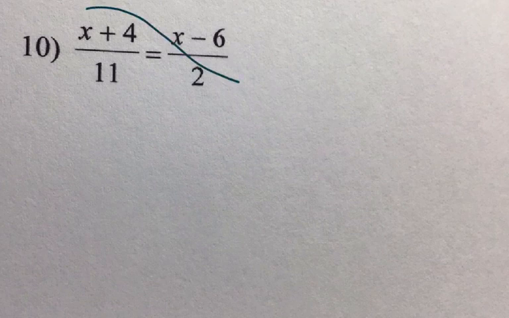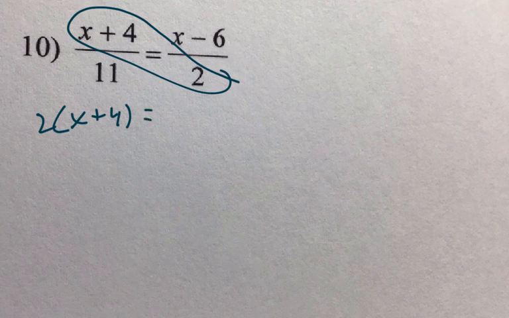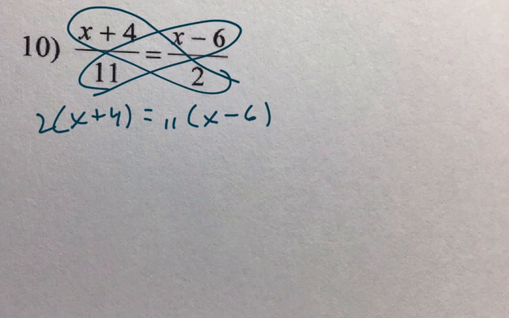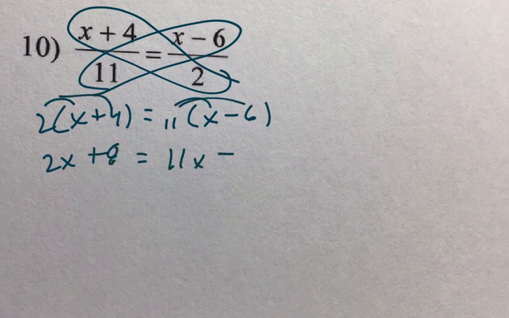Here we go. This one, I got 2 times x plus 4. Yeah, guys, always check your calculations with a calculator. I don't have one with me right now. So I'm just going to hope and pray I'm not making any silly mistakes. So here I'm going to distribute: 2x plus 8 equals 11x minus 66.